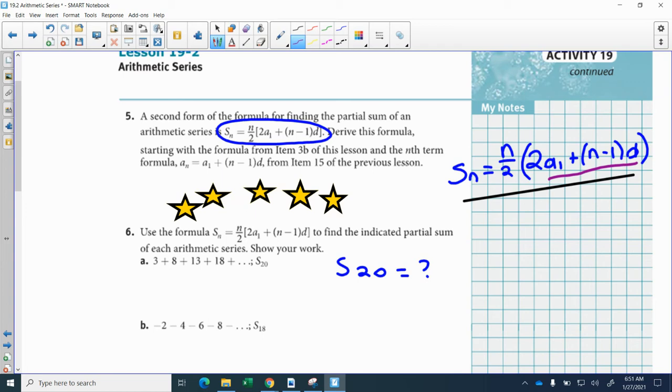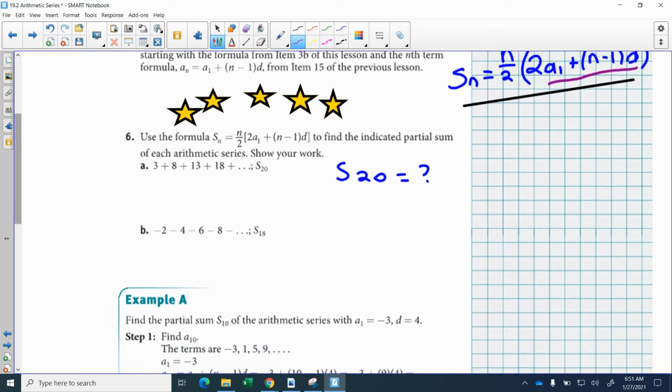So with that being said, let's actually apply this idea. If I want to use this formula to solve for a partial sum, in this case they're looking for S of 20, right? I want to find the sum of the first 20 terms of this pattern. To do this, I need to follow the same exact pattern that we did yesterday. I need to find a of 1, which in this case is 3.